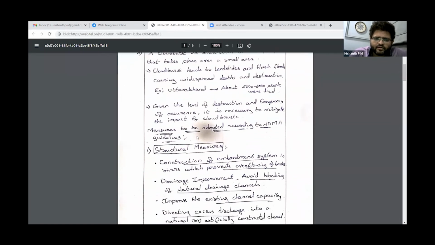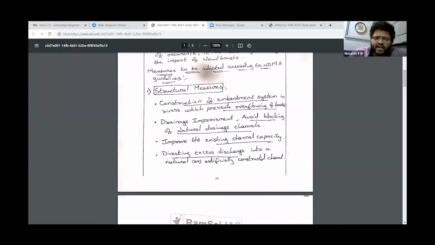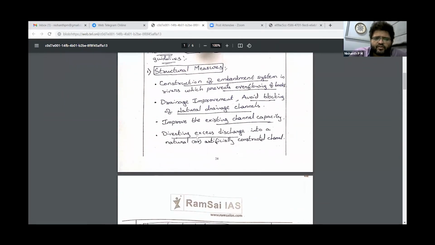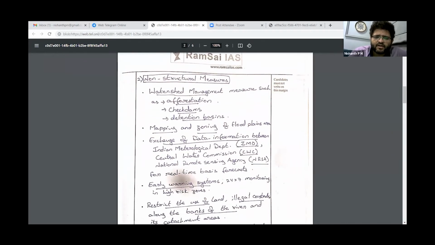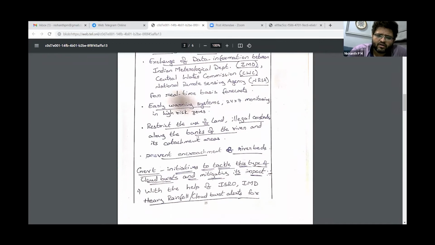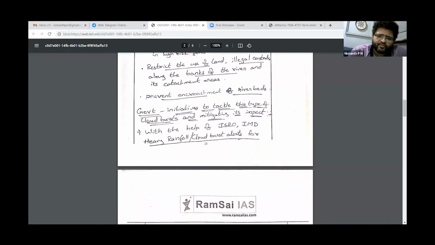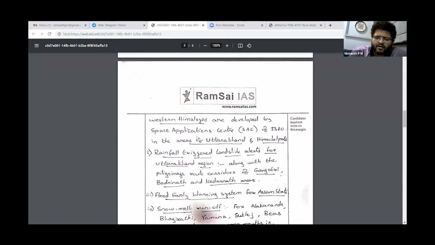Good introduction. Yes, Raghu, you have categorized into structural and non-structural measures. You have written what are structural measures, what are non-structural measures. Yes, good. Government initiatives, good. So it's a complete answer.